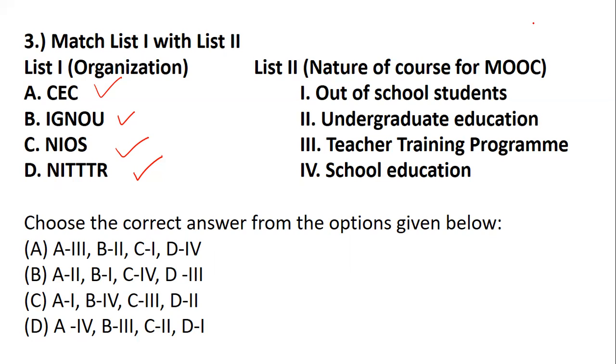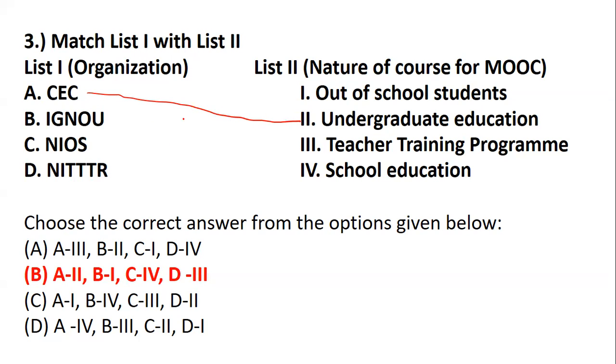Now you should be able to correlate it. When we talk about CEC, Consortium for Educational Communication, it is basically for undergrad education. IGNOU stands for distance open learning, so it is for out-of-school students. NIOS stands for school education. NITTTR stands for teacher training programs.